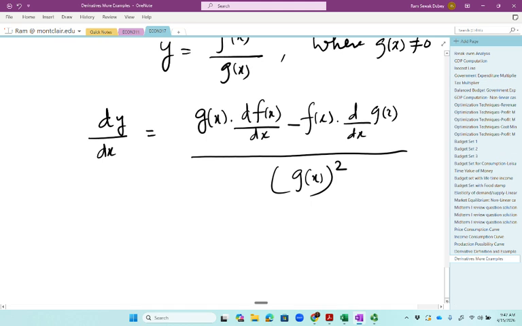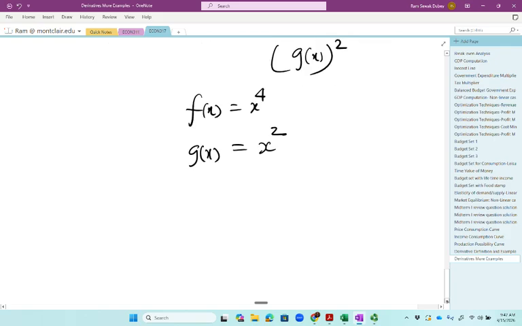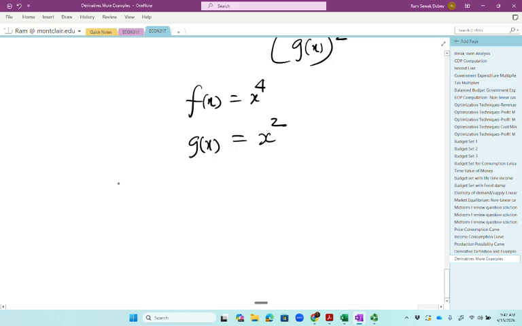So this is the formula for the derivative of a quotient function. So let's apply this to an example. I will take f of x to be x to the power 4 and then g of x to be x to the power 2, and then let's see if we are able to apply this formula.